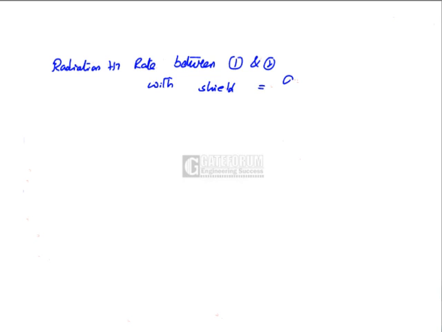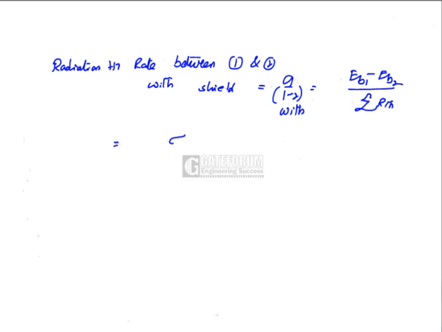Now the radiation heat transfer rate between 1 and 2 with shield between them, Q12 with shield, is equal to EB1 minus EB2 divided by the sum of all the resistances.